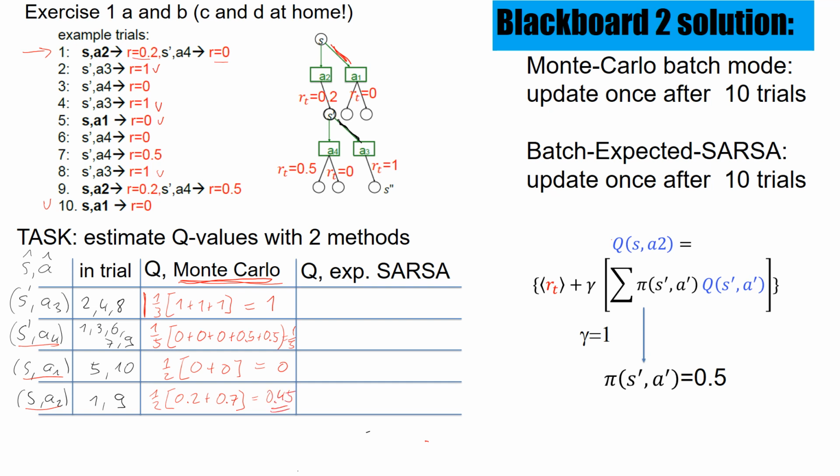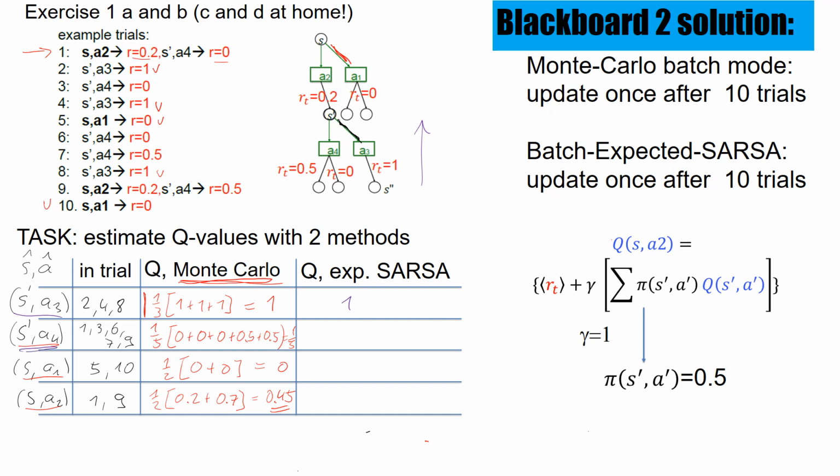And now let's do the same, but with this expected SARSA approach. Now I work backwards from the bottom of the graph towards the top. So when I estimate S prime A3, I have the same information as in the Monte-Carlo, so I can just copy it, it will again be 1.